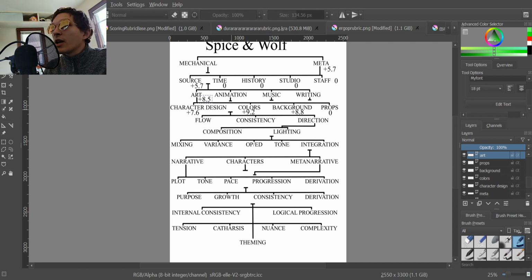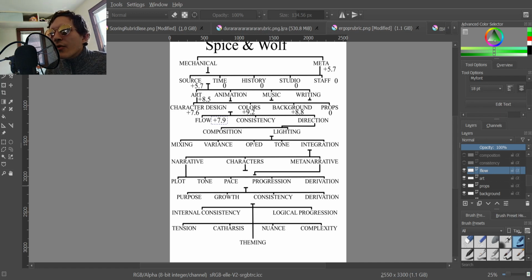Alrighty then. So now let's move on to animation. Animation flow. Now this is going to be one that I think is difficult because a lot of Spice and Wolf is static. There's not that much animation going on, so there's not much to really judge. But I think that when it is moving and it is action based, it's not the worst, but it's not the best either.